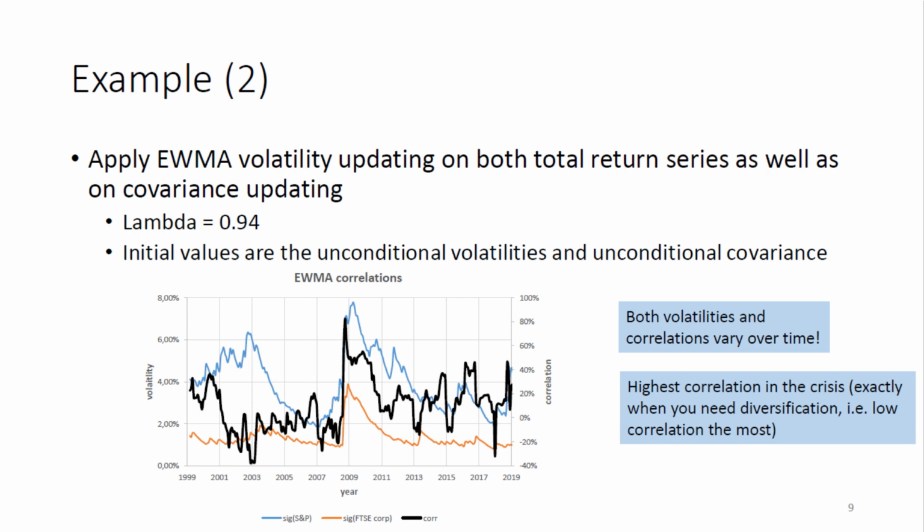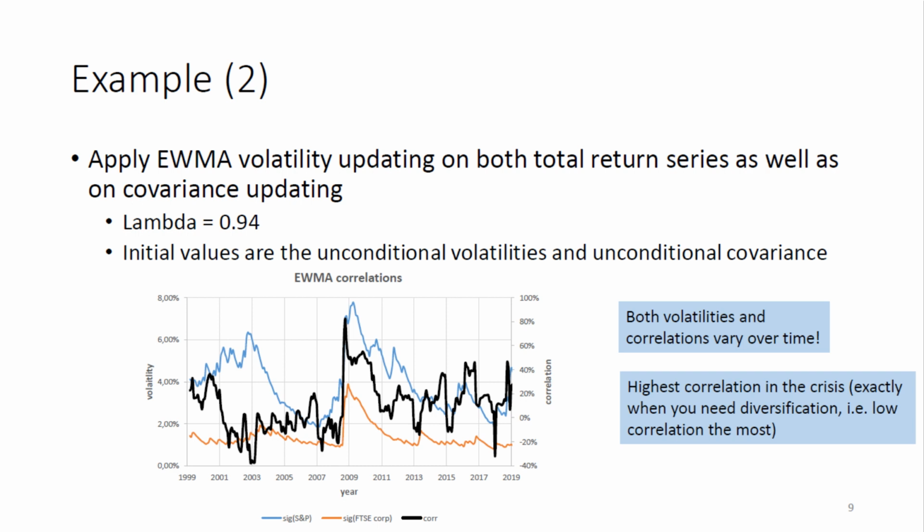So, in effect, it's the correlation between the two total return series at each moment in time. And what's interesting there is that we see that the correlation is not constant. So that also means that the extent that both series co-move changes over time. So you have to look here to the y-axis on the right-hand side. That's where the scaling is.